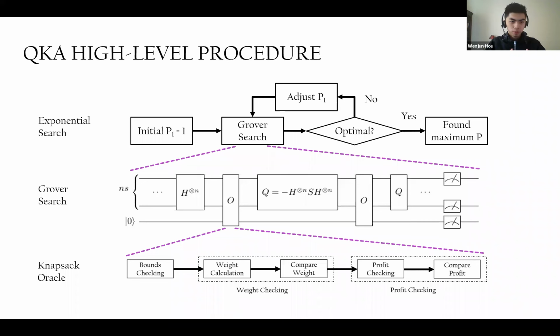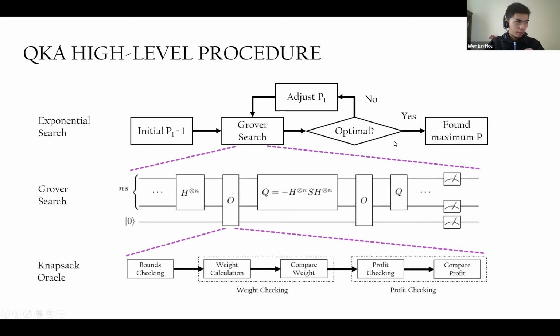Grover search gives you one of the combinations that says yes, this combination has a profit that is better than the previous profit that we just found. And if you use exponential search, which is basically just running Grover search over and over again, then you can answer the question, what is the combination that gives you the best profit value, while still, of course, being within the weight bounds and the number bounds.